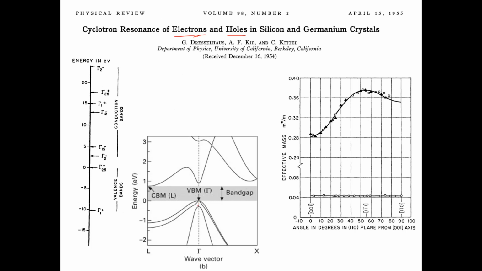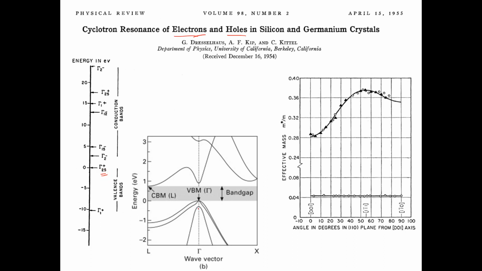This splitting results from spin orbit effects. We're going to discuss that in the future. But if we do not include spin orbit effects, the top of the valence band would actually be threefold degenerate, with a gamma 2 plus symmetry.